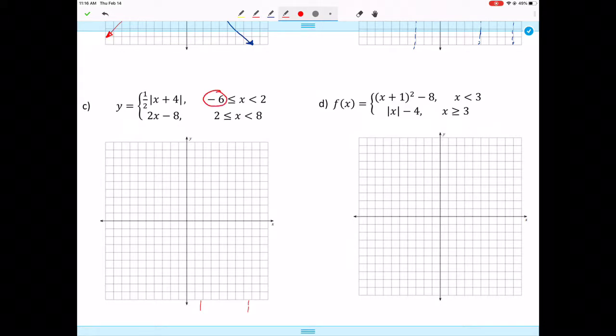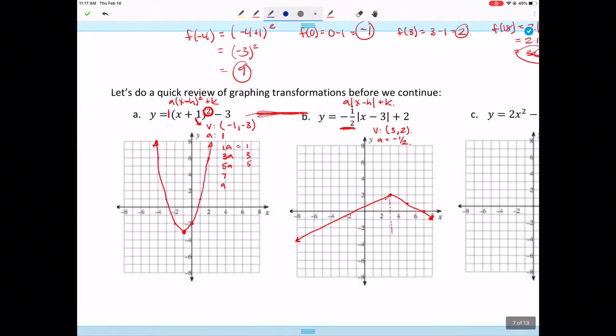Our domain for our first equation goes from -6 to 2. So I'll make my vertical lines at -6 and +2. Okay. And then, excuse that, here we would look at this equation. So this is an absolute value function, and we talked about this before. Okay, let me go back to it.